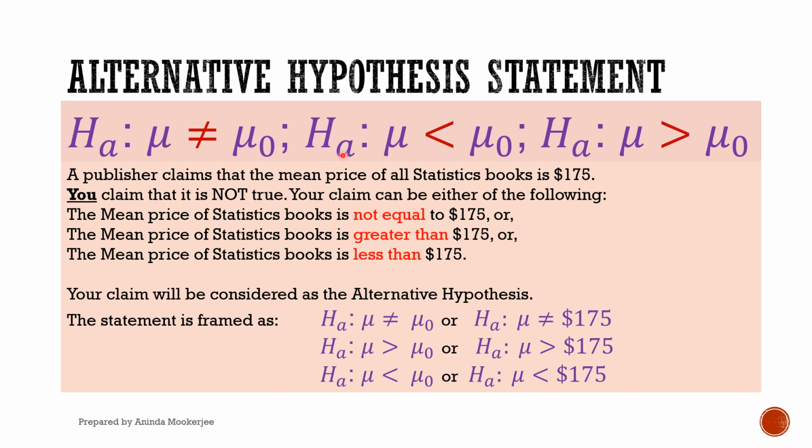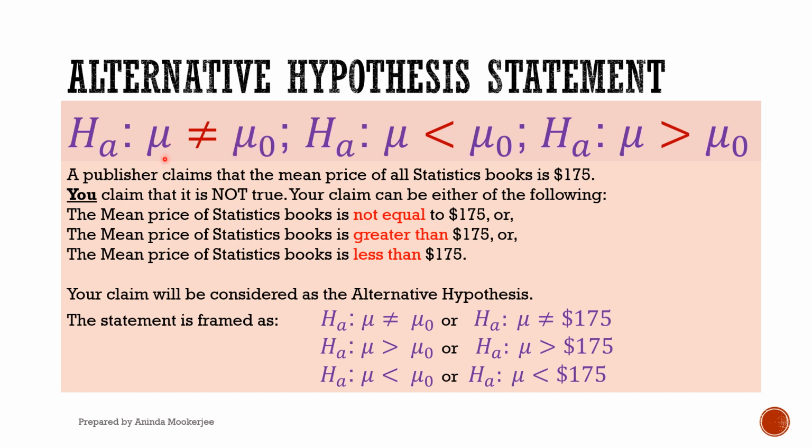Now to state the alternative hypothesis, you can do it in one of three ways. Remember, the alternative hypothesis is contesting the established mean, the null hypothesis. And you can contest it in three ways.